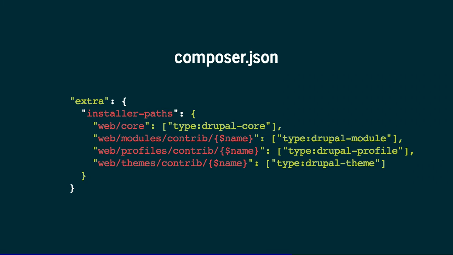So in this case, it's pointing to web modules or web profiles or web themes. So it means once Composer runs and finds a Drupal module package type, it will download it into that directory. So if you have a theme, you need to have something like Drupal theme within your composer of your theme project.